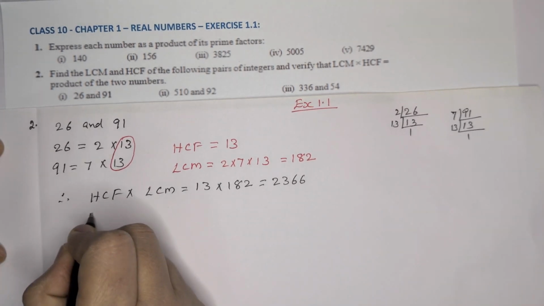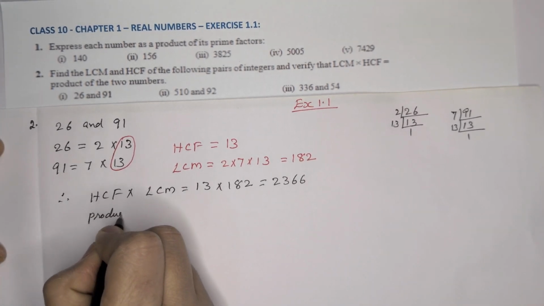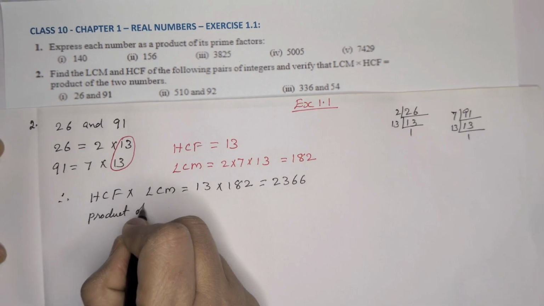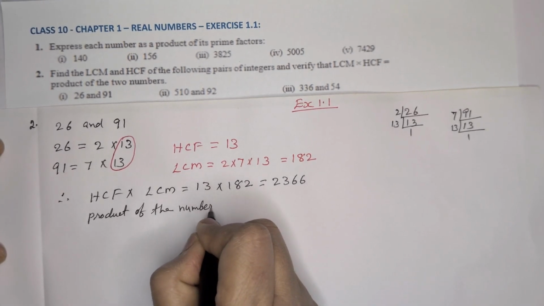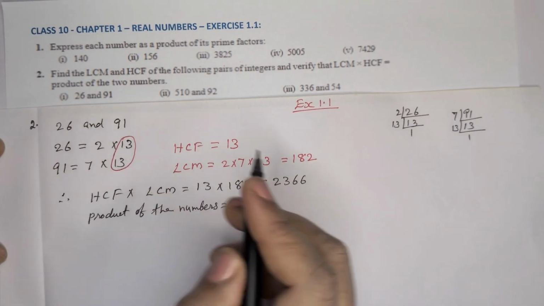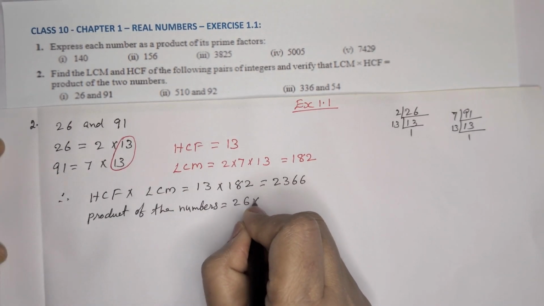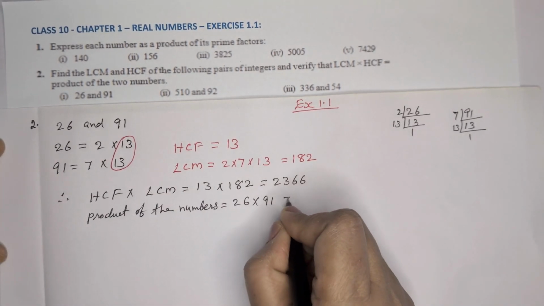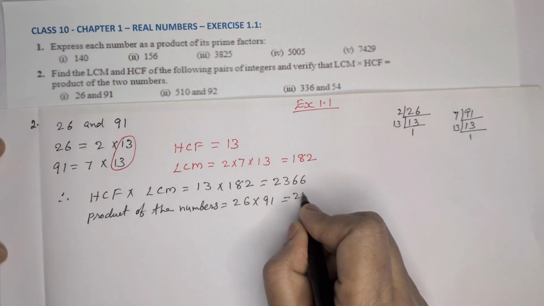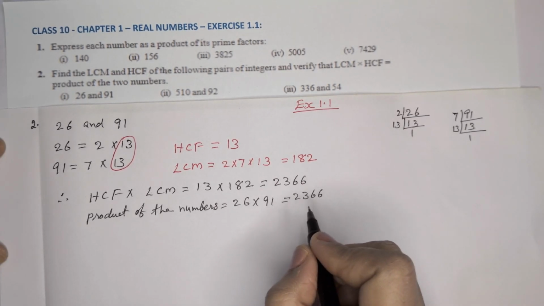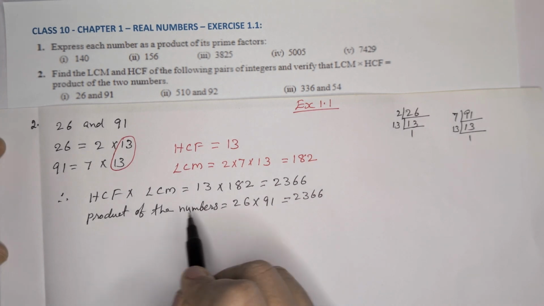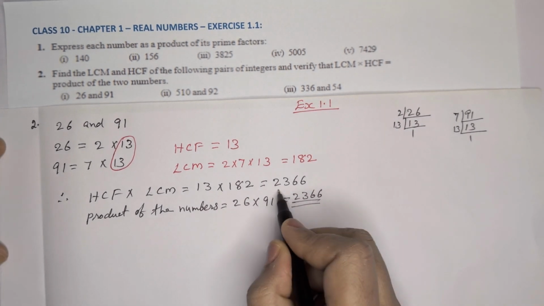Product of the numbers means 26 into 91. That also is equal to 2366. So we are getting both answers the same, 2366.